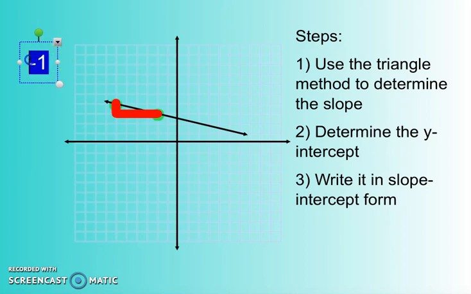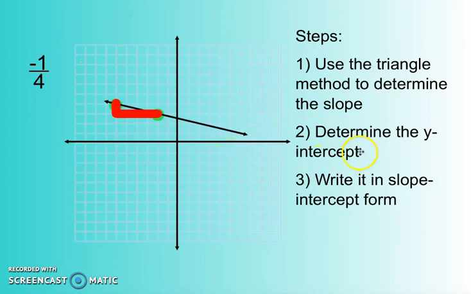Then I had to move to the right. How many spaces? I'm counting the boxes: 1, 2, 3, 4. So I had to move right 4, and I'm going to write that down, +4. And so my slope is -1/4.